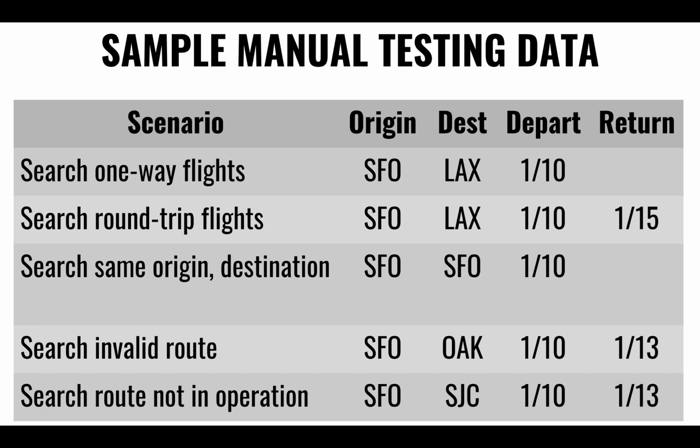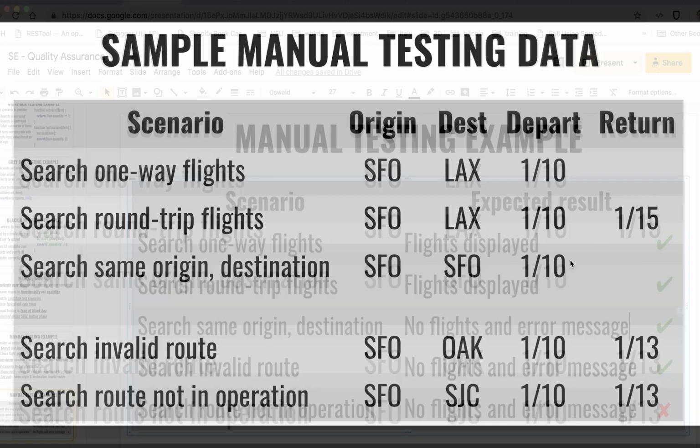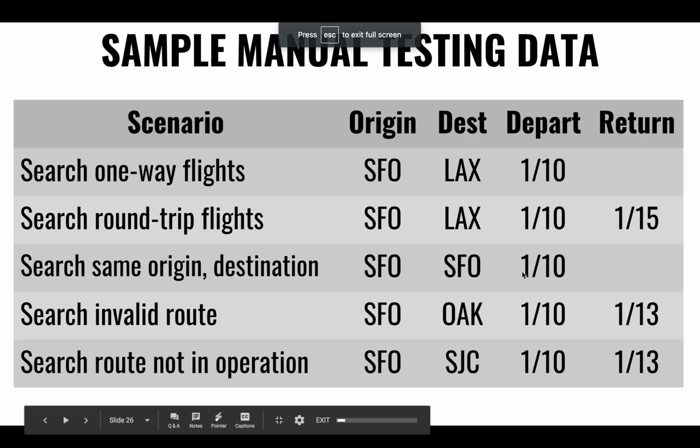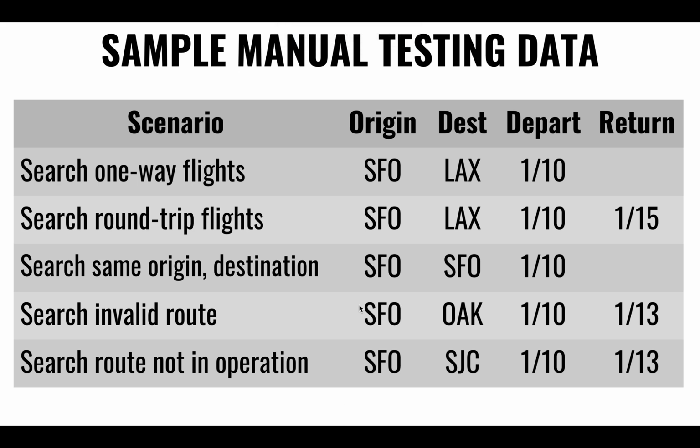They also might have all the data that they're going to be inputting for each one of the scenarios: the origin and destination, San Francisco, LAX, the dates that they depart, when they're returning, and some of the invalid tests, routes that are not supported by the particular airline, or whether you're flying to the same origin and same destination.